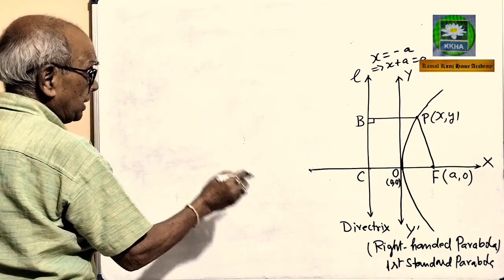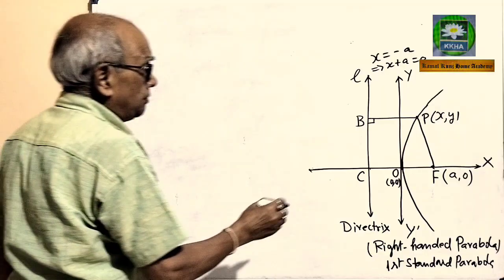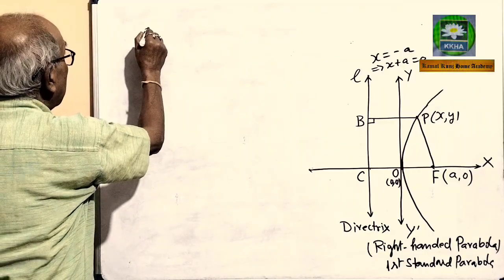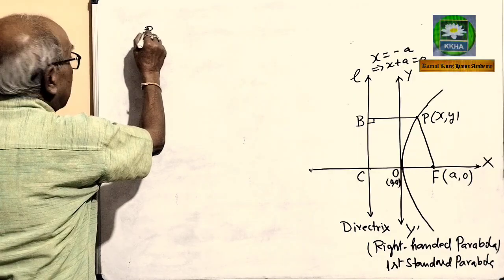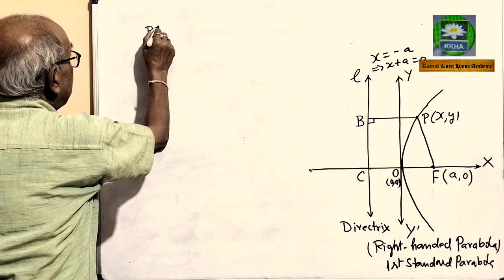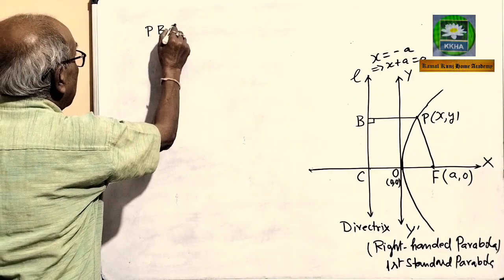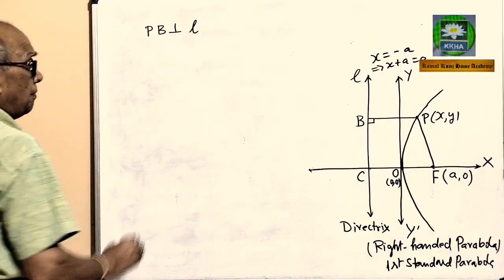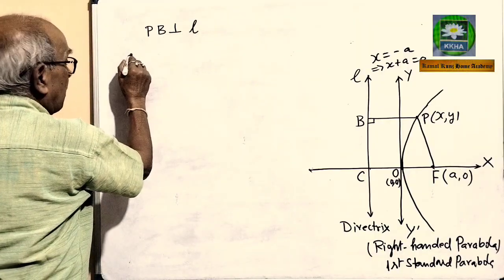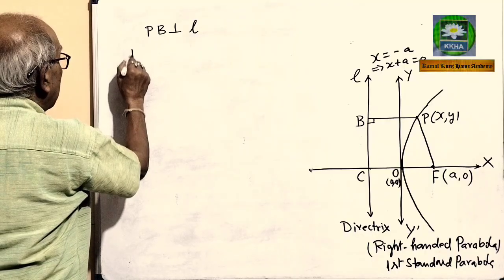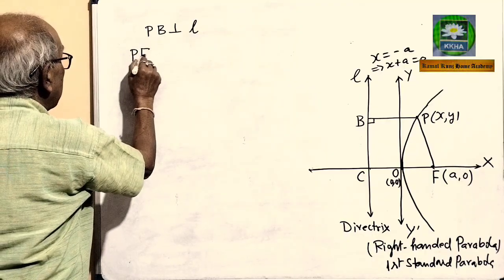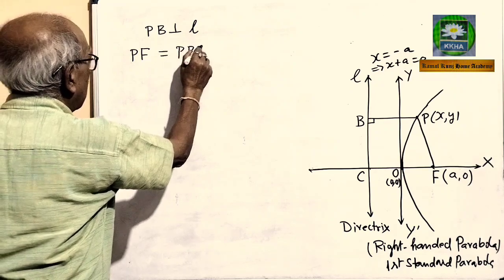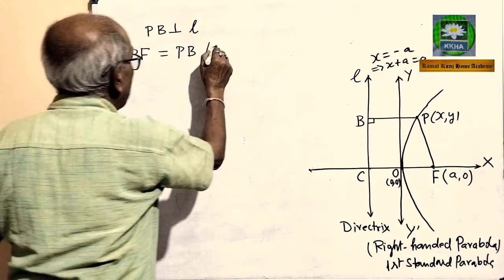Here in the right-handed parabola, as per the definition of parabola, PF will be equal to PB. PB is perpendicular to L, that is the directrix, and PF equal to PB by definition of parabola.